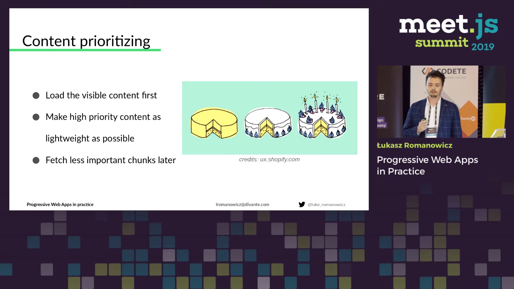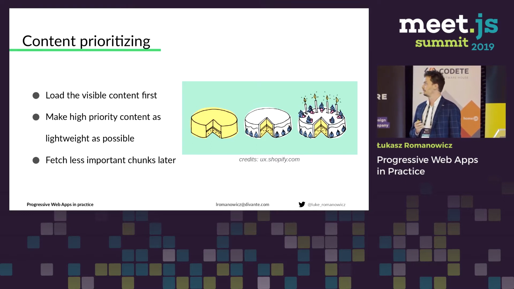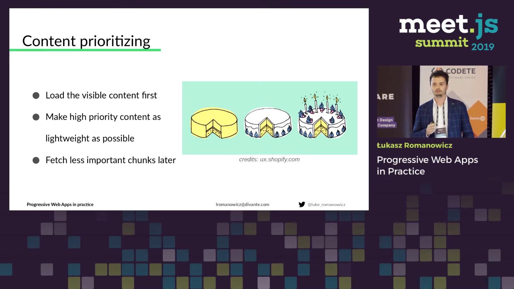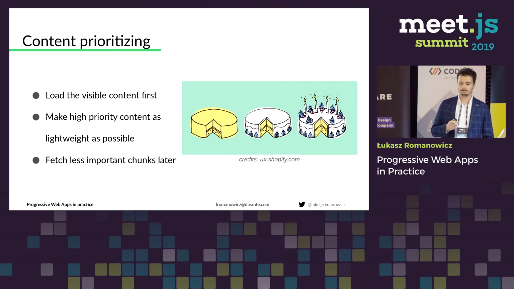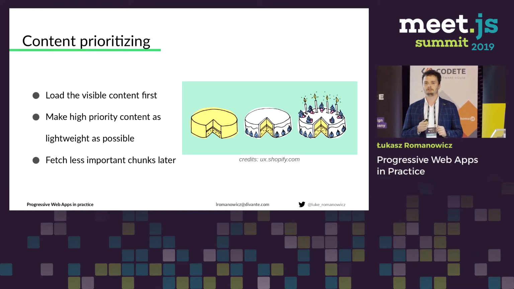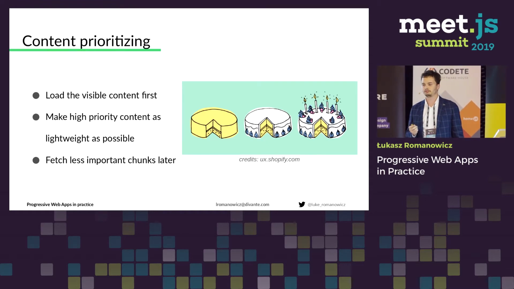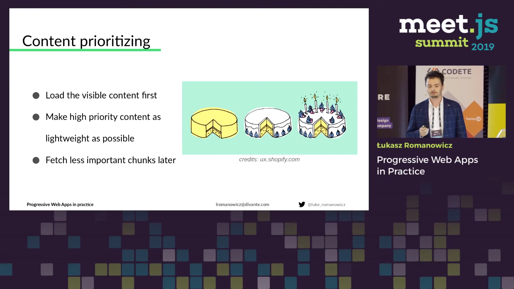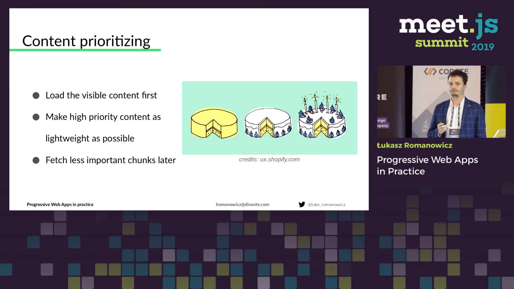And content prioritizing can mainly mean loading the content that is visible at first glance first, so the user can somehow see the app and start reading and consuming the content, while non-visible elements or less important features can be loaded later.